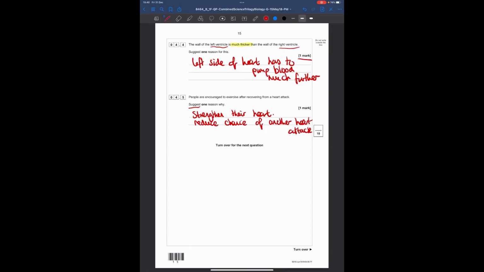And then finally, it could be because it also reduces the chance of any fatty deposits being deposited on the walls of the arteries, which could then cause another heart attack. But you just need one of those reasons, okay, to get the 1 mark.